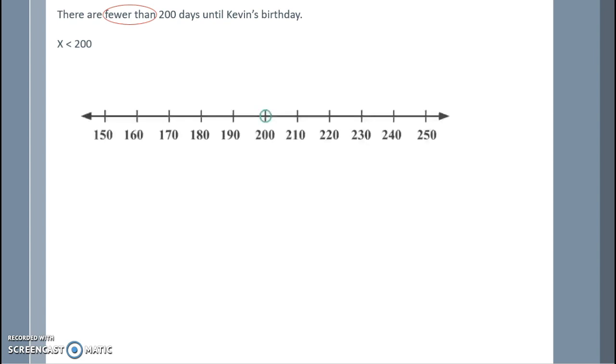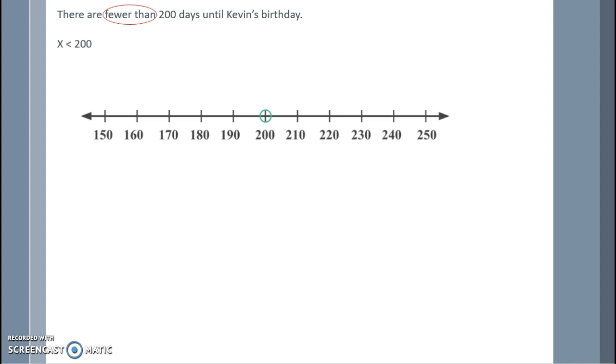There are fewer than 200 days until Kevin's birthday. Our hint here is fewer than. So letting x represent the days until Kevin's birthday, x is less than 200 days. On our number line here, notice that 200 is an open circle because it does not have the equal to portion underneath the inequality.